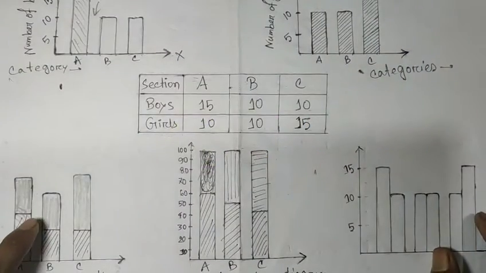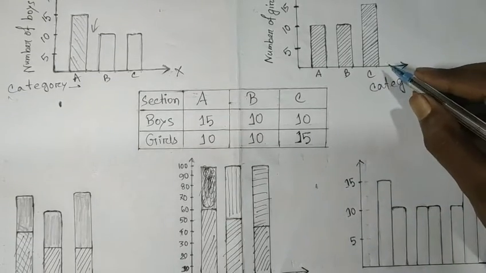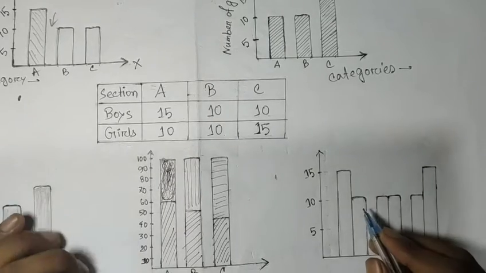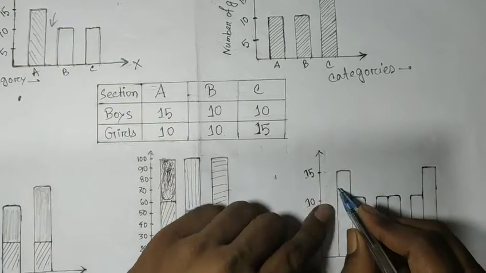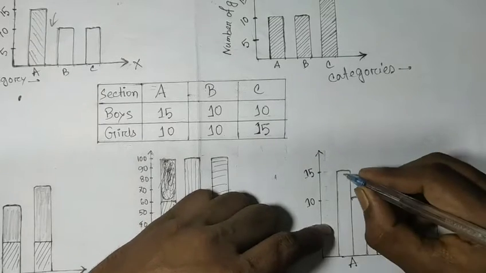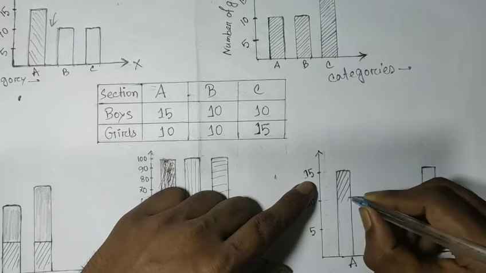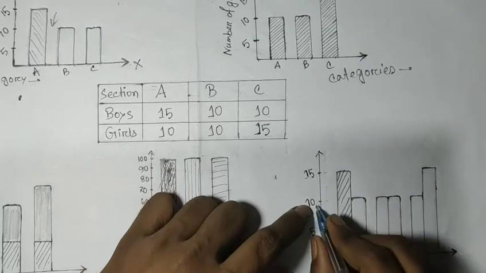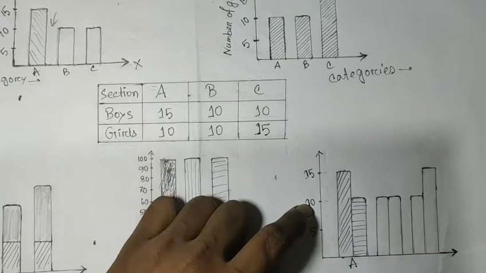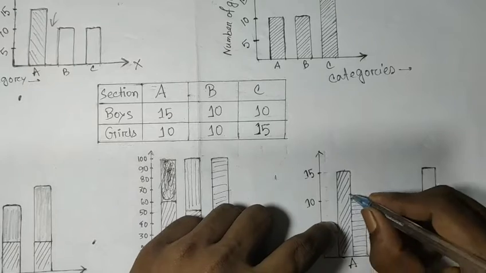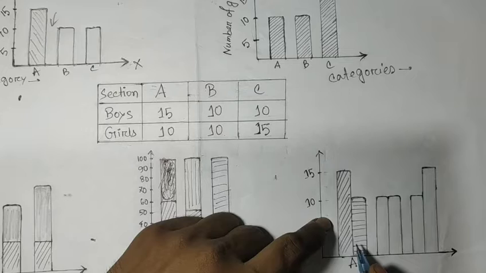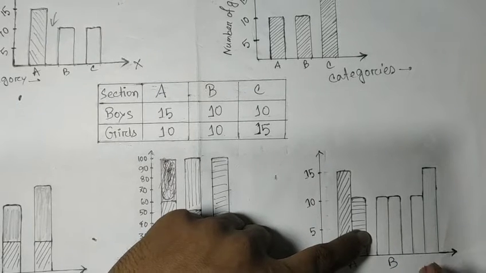For the first diagram, we put the data of girls on the upper side of the data of boys. Here we have put the bar for girls beside the bar for boys. If we consider this as a section, then 15 boys are in section A and only 10 girls are in section A. One thing to be noted is that there are no gaps between the bar for boys and girls, but there are gaps between the sections.